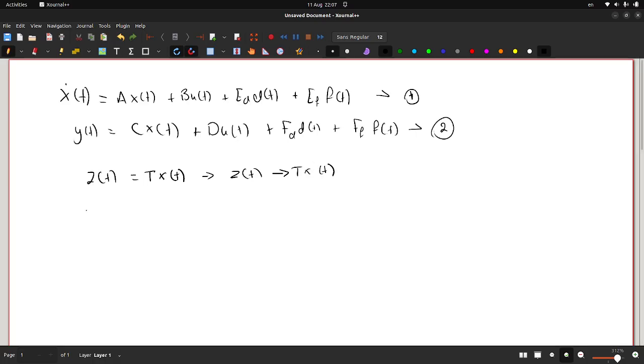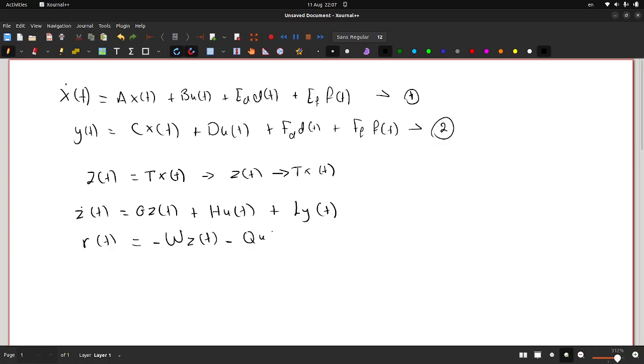So let's define our new dynamics. z dot of t is equal to Gz of t plus Hu of t plus Ly of t, and the residual signal as r of t is equal to negative Wz of t minus Qu of t plus Vy of t. Let's denote this as equation number 3 and this as equation number 4.